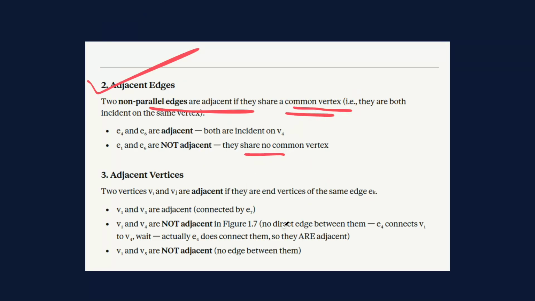Now adjacent vertices: two vertices vi and vj are considered adjacent if they are end vertices of the same edge.